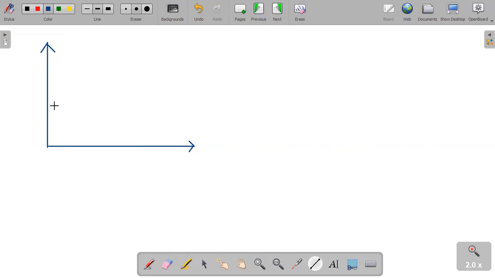Here we have a value P, here P1, and here 2P.